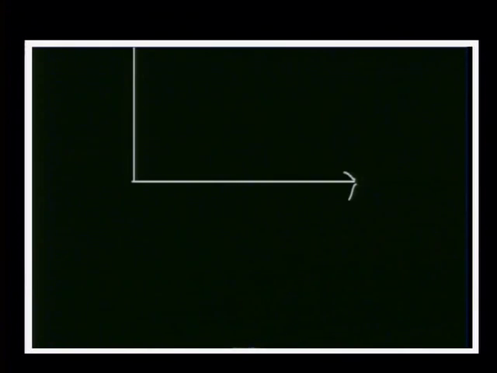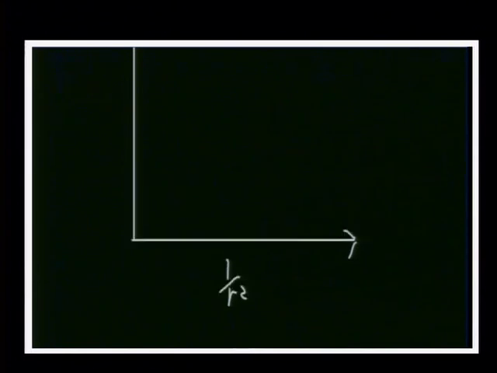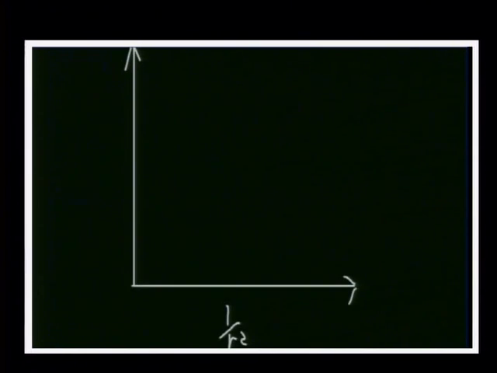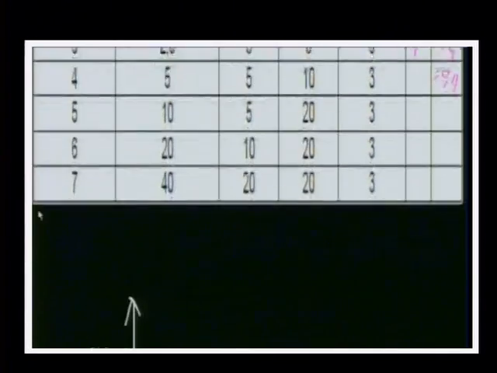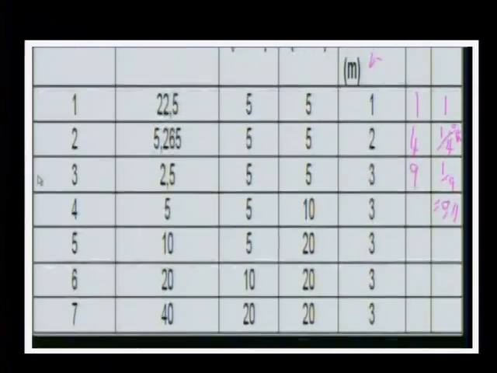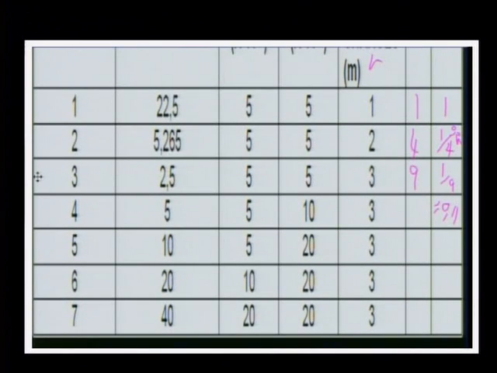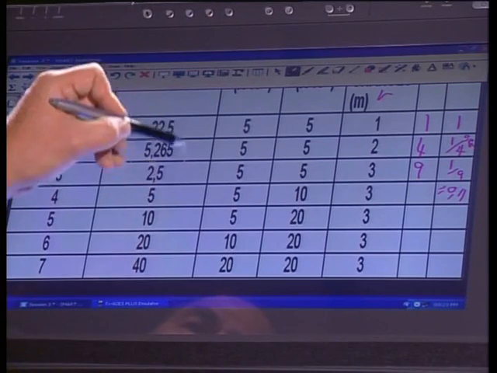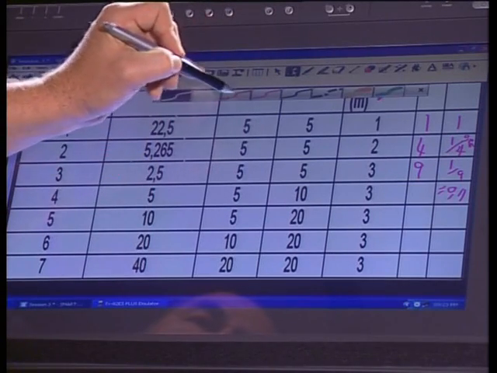We're going to put 1 over r squared as the thing that we're changing, and we're going to put the force over here. Now, it's a sketch graph. So let's have a look at the trend. What's happening in this case? Look at the force here.